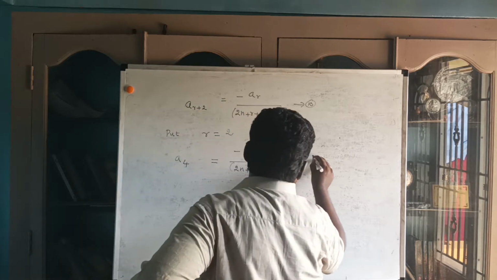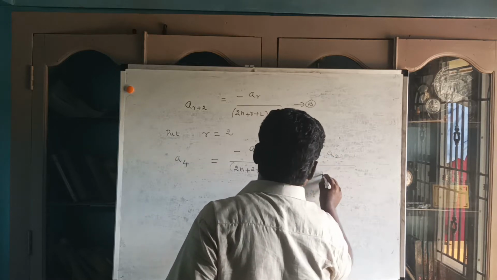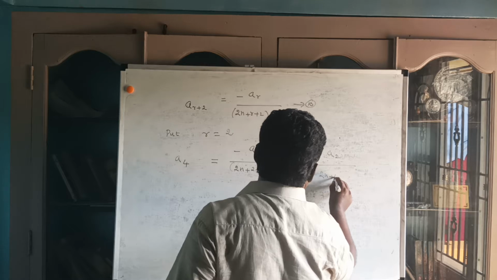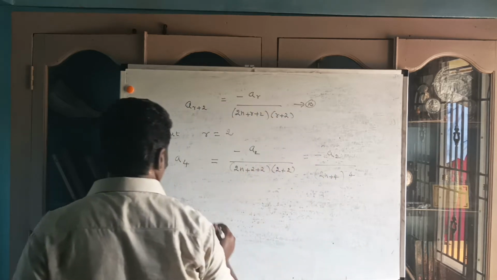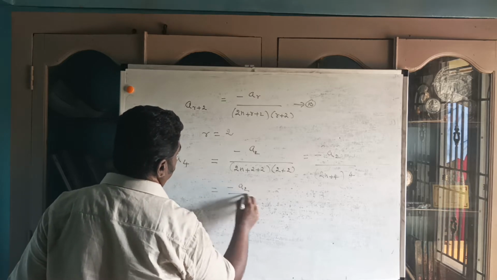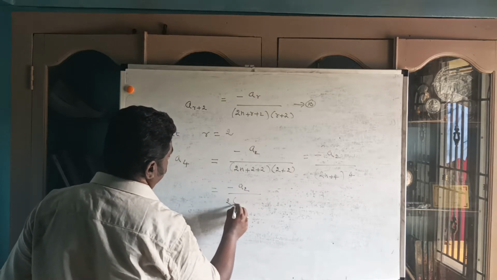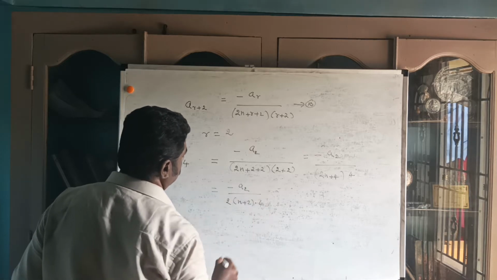This is equal to minus A2 divided by (2n + 4) into 4, which is minus A2 divided by 2 into (n + 2) into 4.